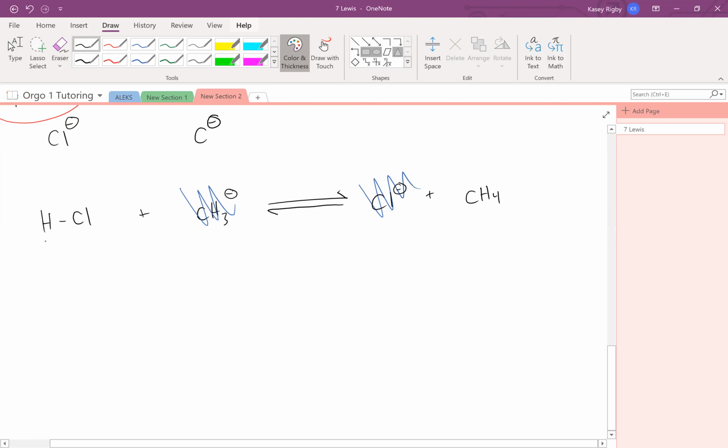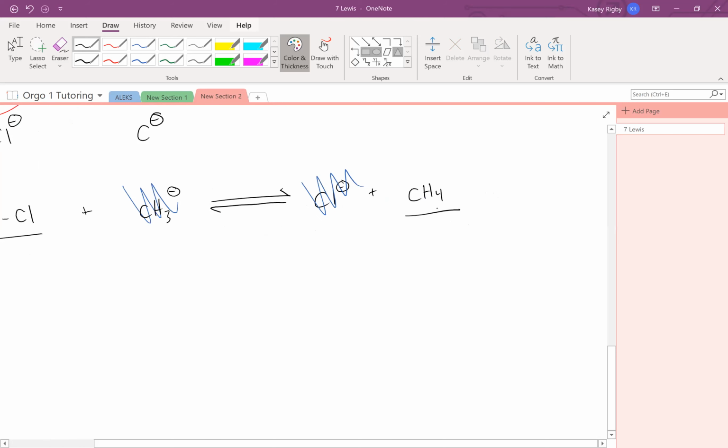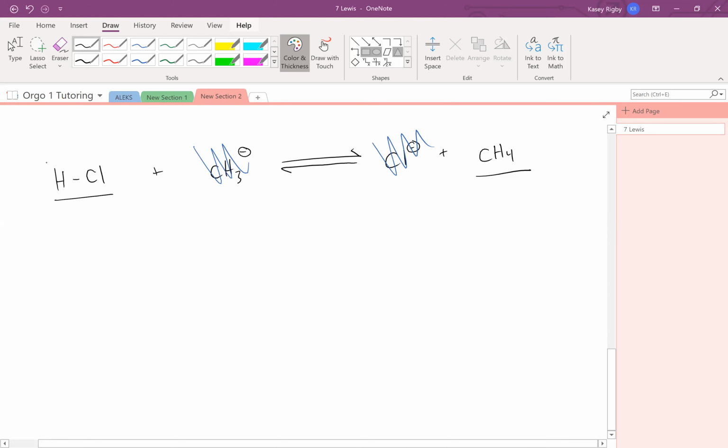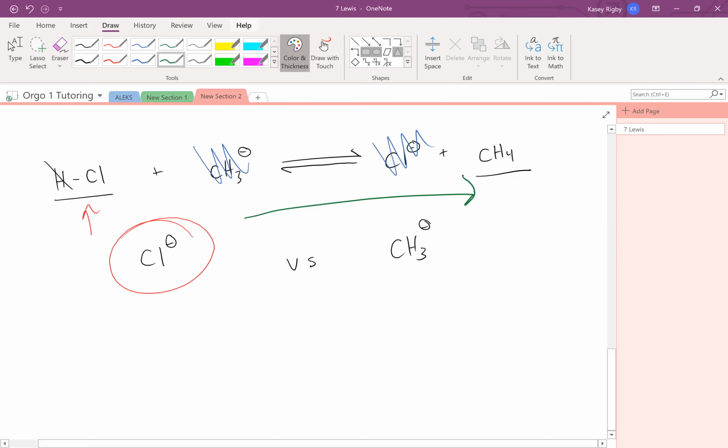So let's look at HCl versus CH4. If they lost their H's and we had Cl negative versus CH3 negative, which one's more stable? That's a rhetorical question. It's Cl negative. Cl negative is more stable, so that means that HCl is the stronger acid. So this whole thing is going to go towards the right, towards the weaker acid, towards the weaker base.